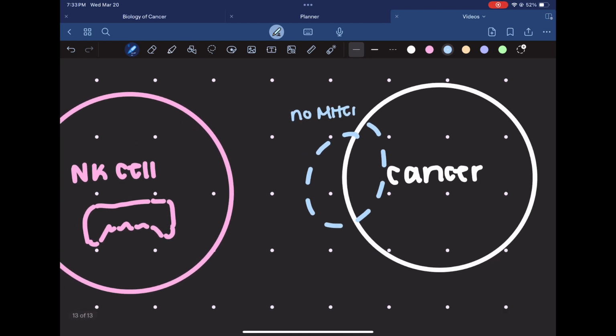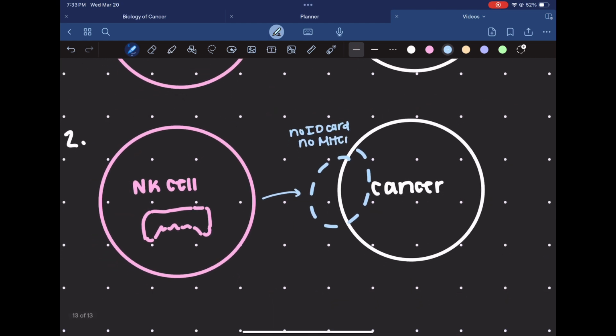When our NK cell goes to recognize our cancer cell, we don't see an MHC1. So we don't see an ID tag or an ID card. So now our NK cell goes, hey, I don't think that this cell belongs in our body. I'm going to attack. So in this second scenario, our NK cell is going to attack that cancer cell because we don't recognize it as being part of our body.